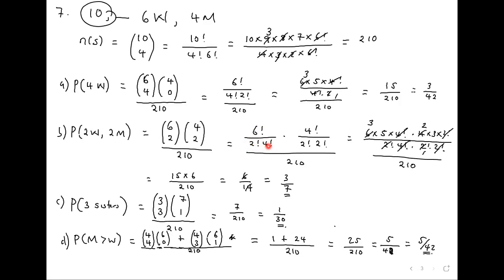Look, what we have is 6 choose 2, which is 6 factorial over 2 factorial multiplied by 6 minus 2 factorial, which is 6 factorial over 2 factorial 4 factorial.